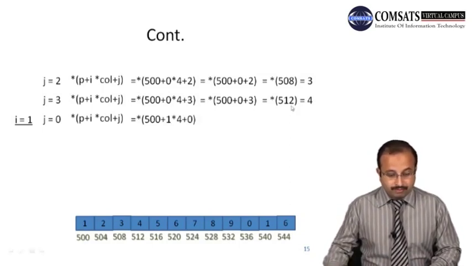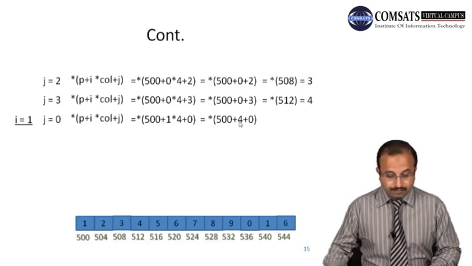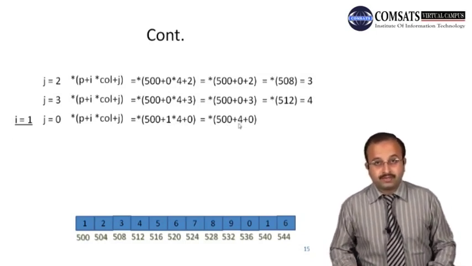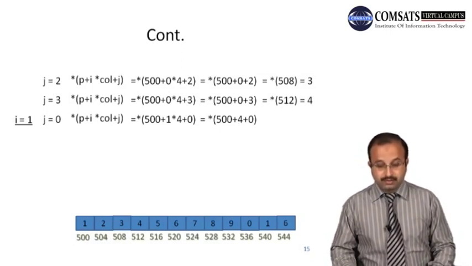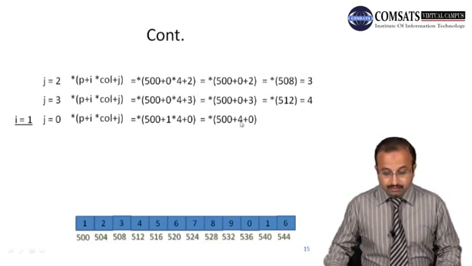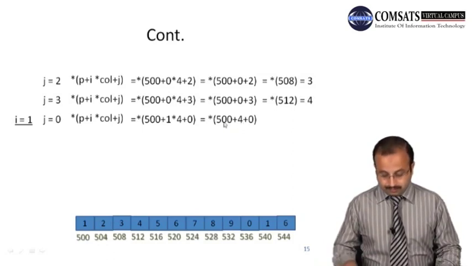Now it becomes 500 plus 1 multiplied by 4 plus 0. So 500 plus 4, 500 plus 4 is 516. Okay, you have to add 4 integer values. So the memory contained by 4 integers, that is 16 bytes, you have to add to this address.